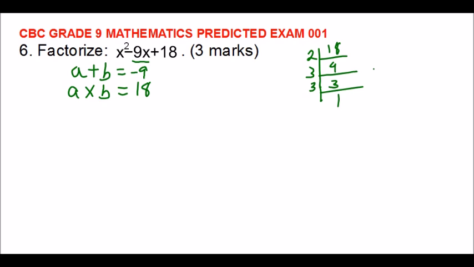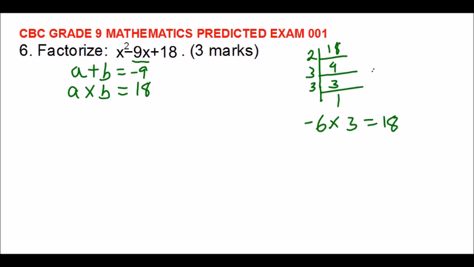So if we take 2 times 3, that is 6, multiplied by 3, that gives us 18. So that gives us a clue. Therefore, we take minus 6 and minus 3.